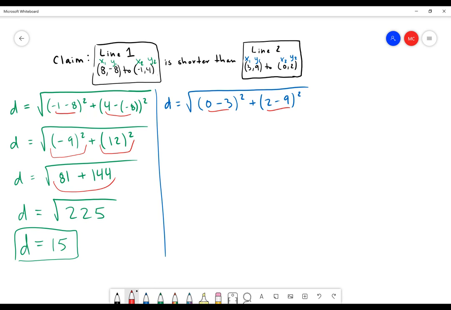First, I'll simplify inside the parentheses. So distance is equal to 0 minus 3, which is -3 squared, plus 2 minus 9, which becomes -7 squared.